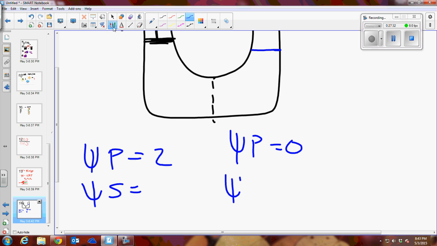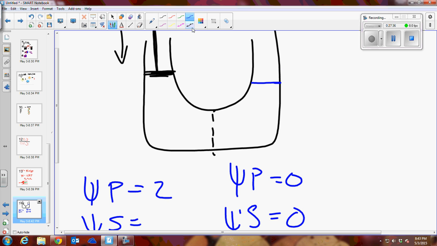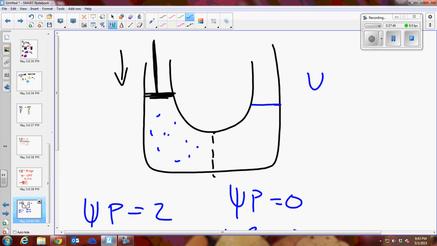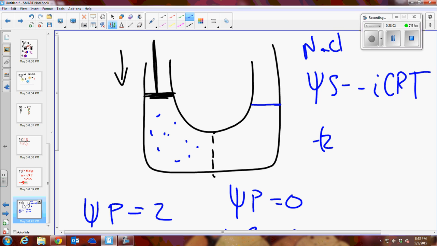Well, the solute potential, let's just make one up here. On this side, it's going to be 0. Whereas on this side, there is sodium chloride. And so we have psi s equals negative iCRT. The ionization constant, because it's sodium chloride, is going to be 2, so negative 2.